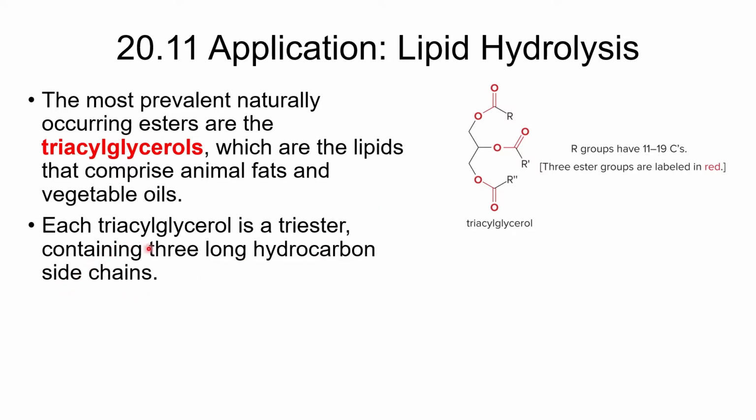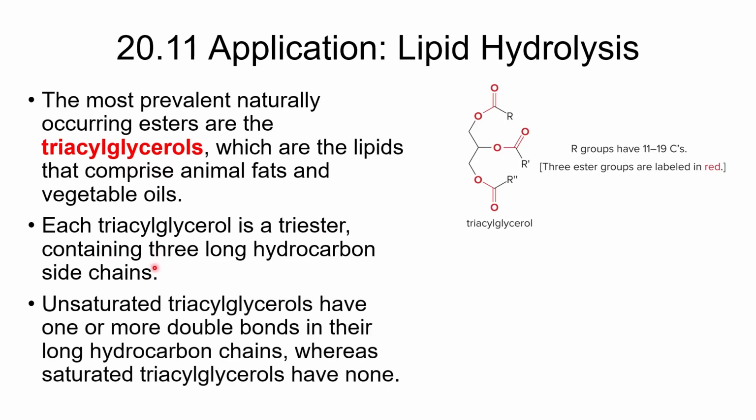And those long hydrocarbon side chains in the animal fats are saturated, but in the vegetable oils, they're mostly unsaturated. Although there are some vegetables and plant products that have saturated fats. Most of them have some sort of unsaturation on them.